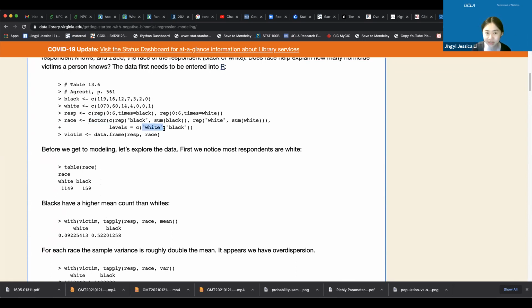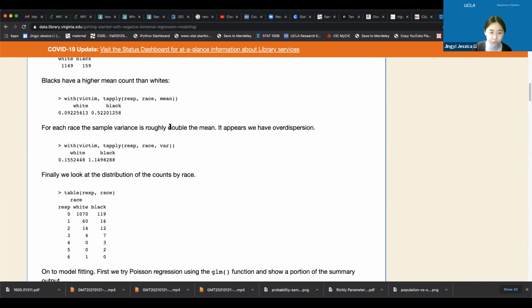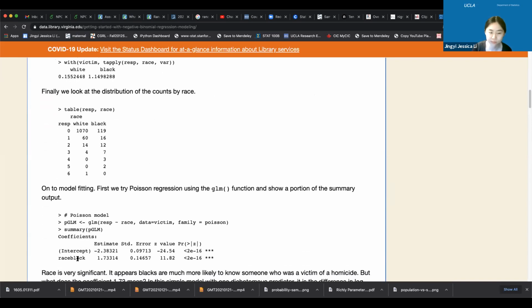The baseline is considered to be the thing that has no effect, while the other levels are considered in contrast to the baseline, so their effects will be assessed. In this case, you can consider white to be the control, black to be the treatment. Therefore, the coefficient will be returned as race black.